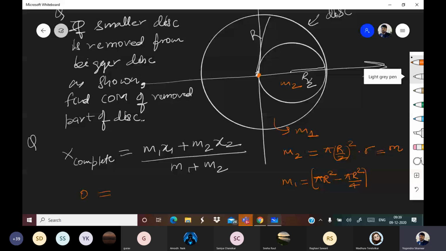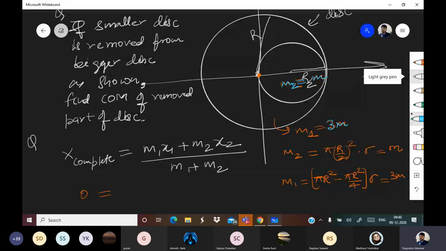So that should be basically 3 times of M. Now pay attention. If M2 is equal to M, then M1 is equal to 3M. That you should keep in mind. So this will be the mass ratio.